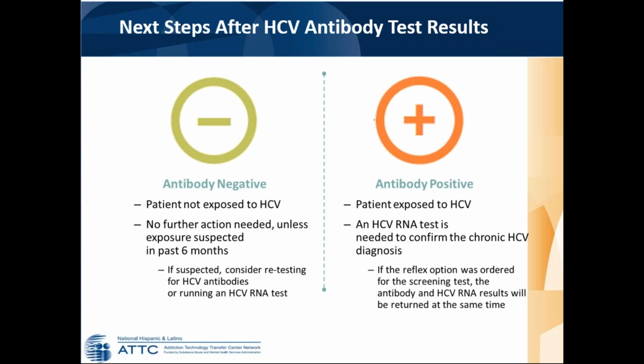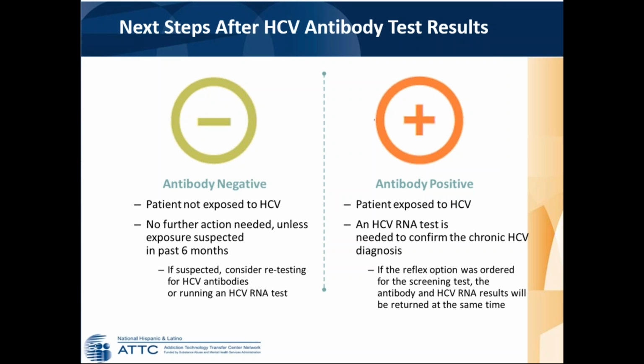So if the antibody test is positive, that means that I have been exposed to hepatitis C. It doesn't necessarily mean that I have active hepatitis C. It could mean that I had it in the past. It could be a false positive result. So in that situation, I have to confirm the diagnosis. I cannot tell someone that they have hepatitis C only with that test result.